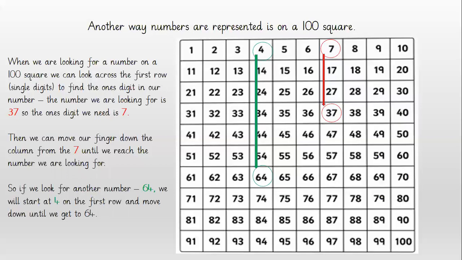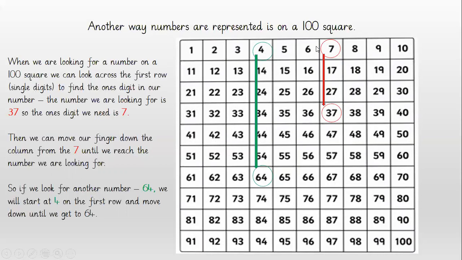Now, another way numbers are represented is on a 100 square. And we've looked at 100 squares at school as well. So when we're looking for a number on a 100 square, I want you to first go right to the top, the first row, look across for the ones digit in your number. So if I'm looking at 37, the 7 is my ones digit.